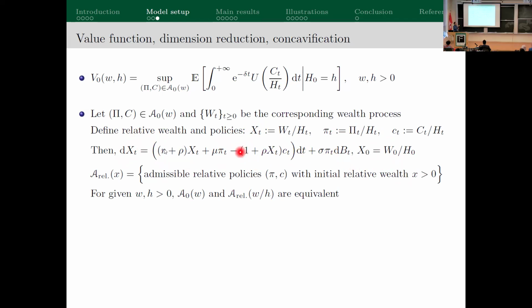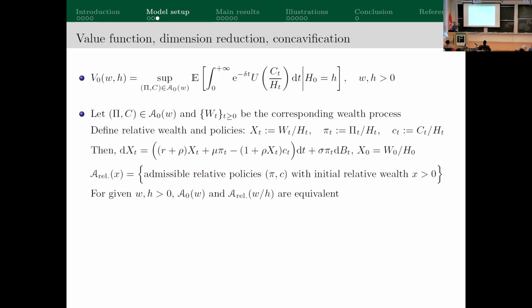If you look at this and compare it with the usual budget constraint, you see that there's a term XC that shows up, and this will change the problem. Then there's a result showing that you can define relative admissible policies, and there's a one-to-one relationship between your original market and these new ones.